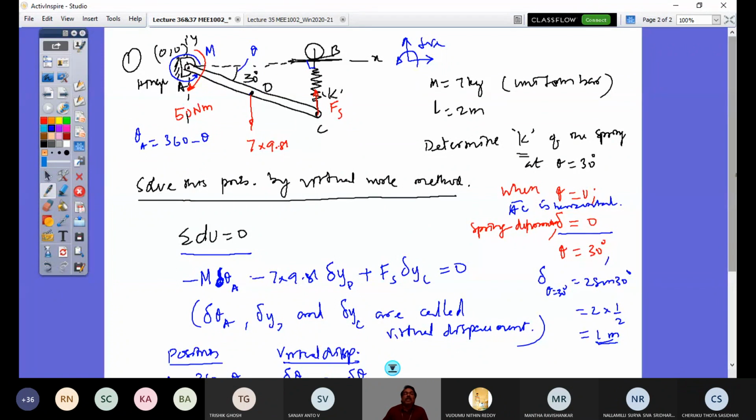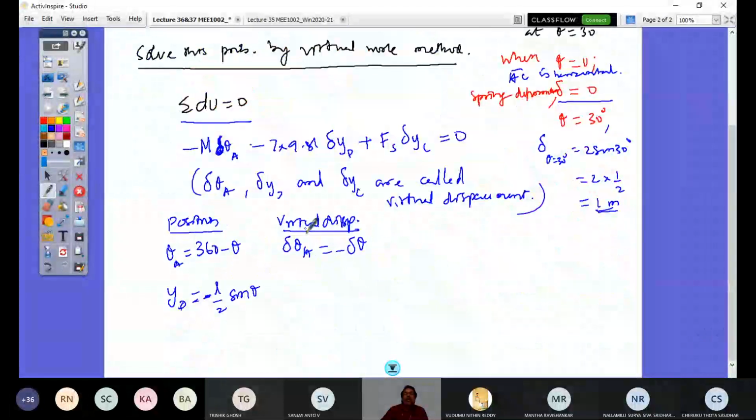So now its virtual displacement delta YD would be the differential of this. So that is minus L by 2 cos theta into delta theta. Right? Similarly, YC would be minus L sine theta, because the length of the bar into sine theta is what this is.